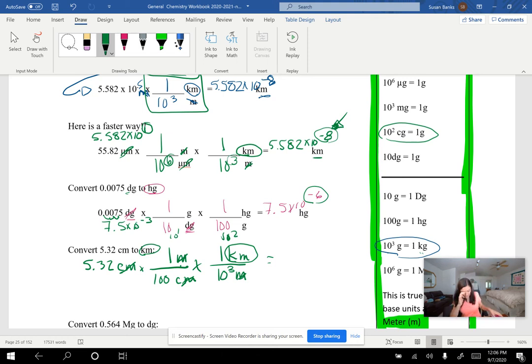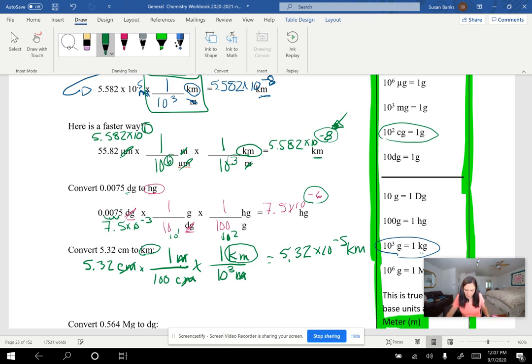And I should get my answer here. So 5.32 divided by 100 and then divided by 1,000 or 10 to the 3 will give me 5.32 times 10 to the negative 5. And the unit that we have left is kilometer.